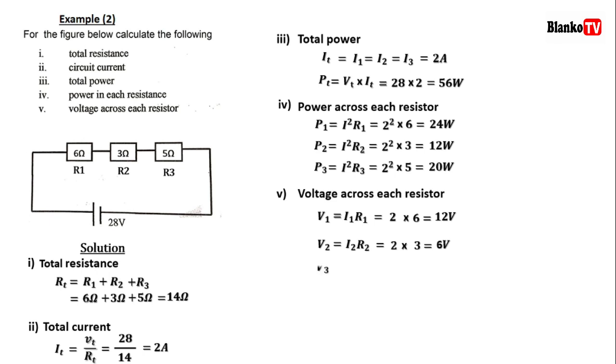And then V3 is equal to I3 multiplied by R3. I3 is 2, multiplied by R3, which is 5. So 2 times 5 gives us 10 volts. Thank you so much for watching.